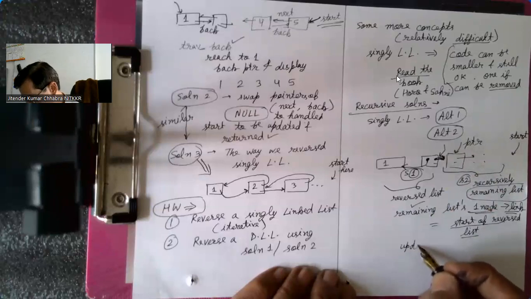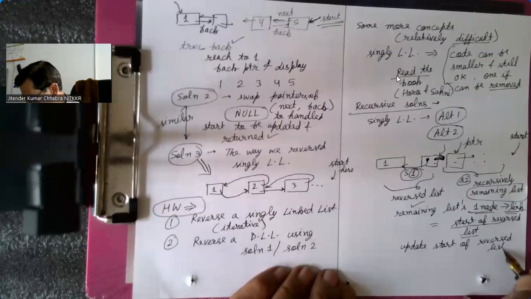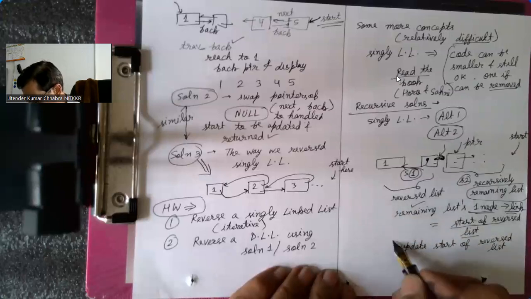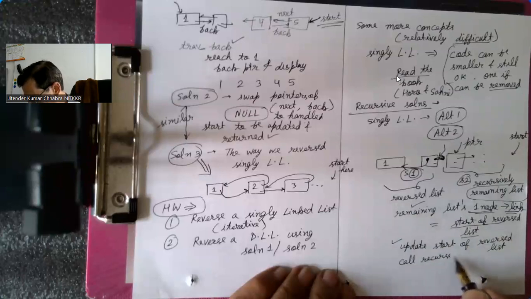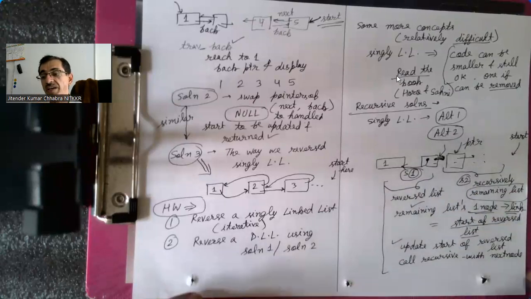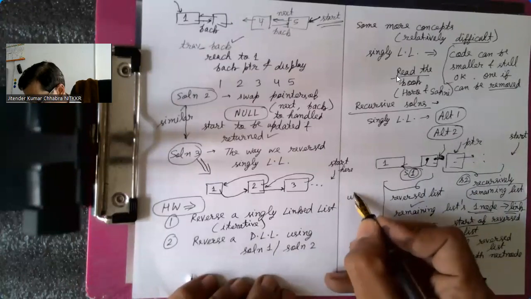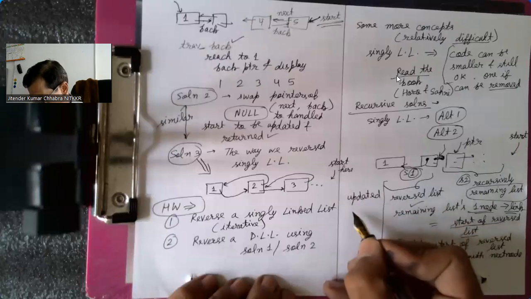So update your start of the reversed list. That will be step 3. So this was effectively happening, and then finally call recursion with the remaining list, with the next node to the one that has been changed. So that can be one way. Not easy, but yes, for those who want to try, I have given a hint, you can try and see. You have to take care that the updated start must reach back to the main.